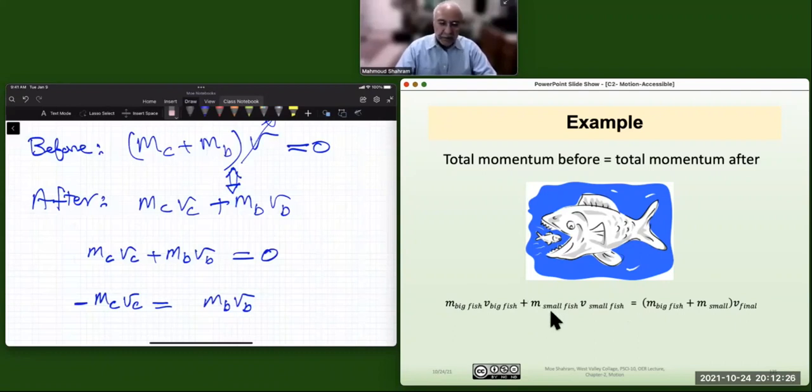The small fish coming from left to right times its velocity should be equal to after the big fish eats the little fish. Now they are together, so you add the masses together and they both have a final velocity. So you can find what the velocity would be after that.